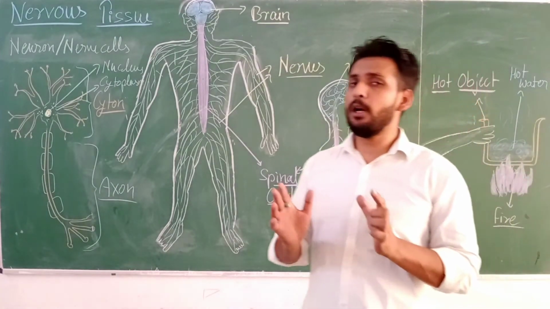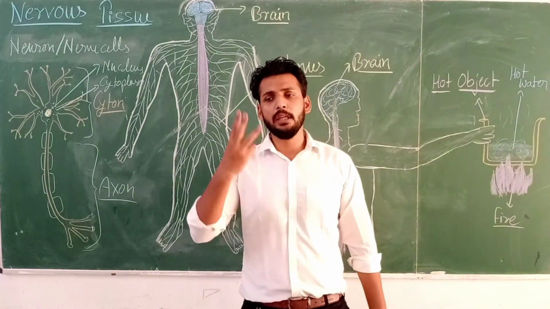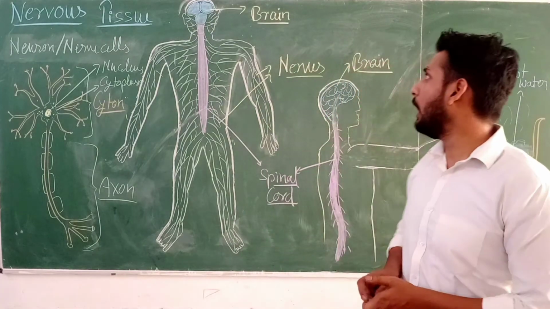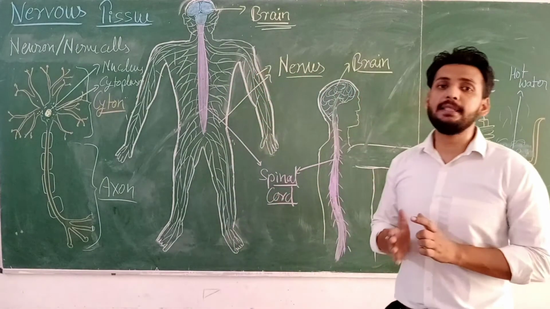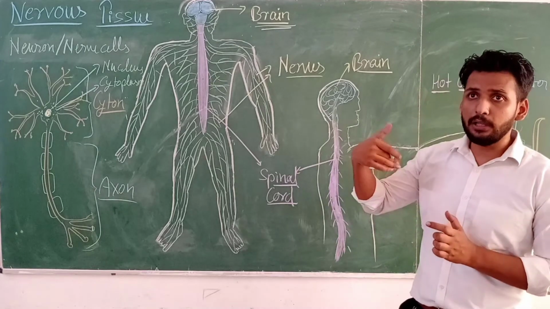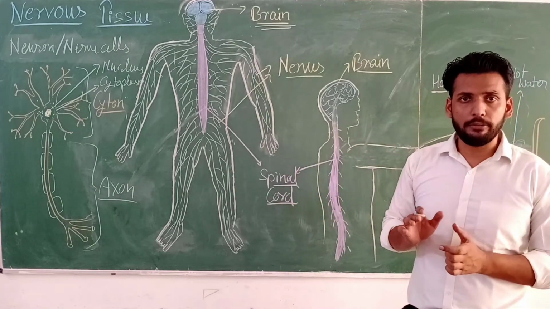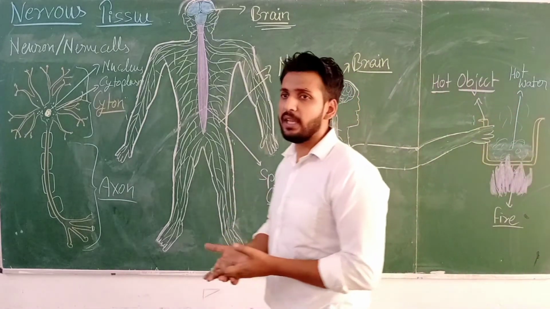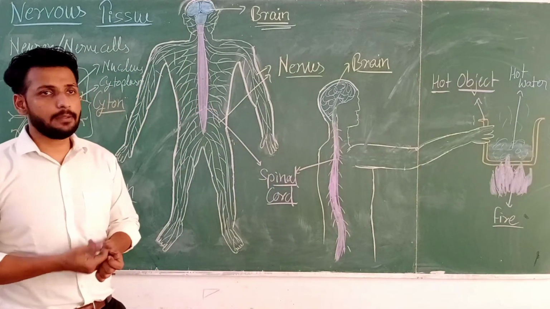The nervous system consists of mainly 3 parts. What are those 3 parts? First one is the brain, which guides us for each and every signal and helps decide whether we should touch it or not, whether we should do this or not. Thinking, digestion, everything is controlled by the brain only, right?